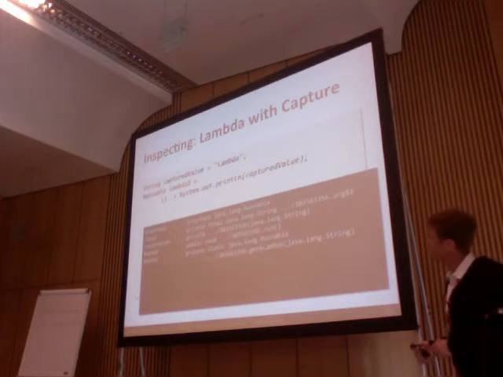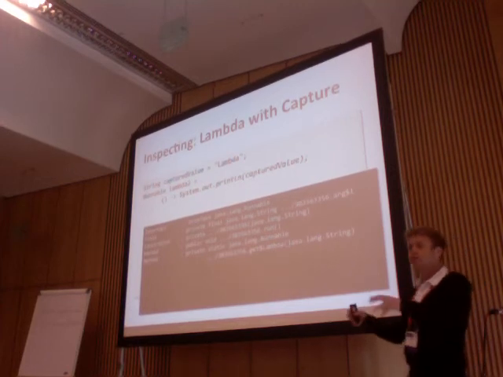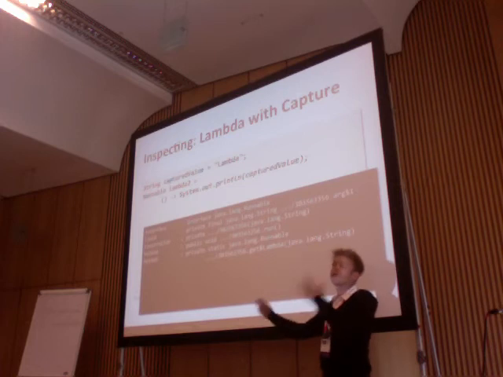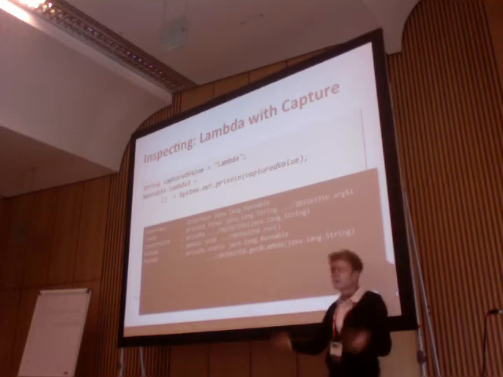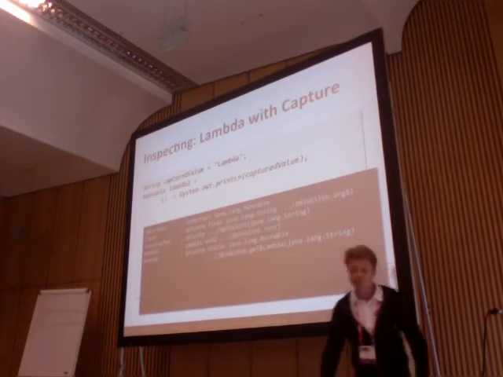And then there's a static method which returns a Runnable and accepts a string. This is actually the factory method, which we finally invoke. We put all the state for the captures on the stack, call the factory method, and get back an instance of the lambda, which has the behavior and which has the state we captured.